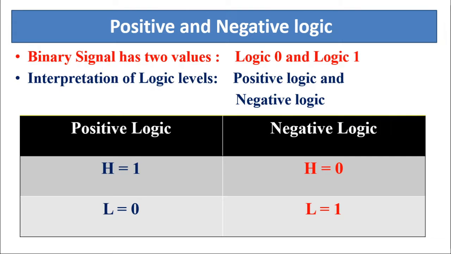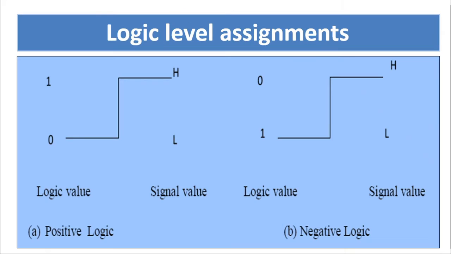In negative logic, the reverse is the case, that is, high is considered as logic 0 and low is considered as logic 1. You can see this on the slide how it looks. Logic level assignments. For positive logic, you can see the logic value is 0 for low and 1 for high, and for negative logic, logic value is 1 for low and 0 for high.